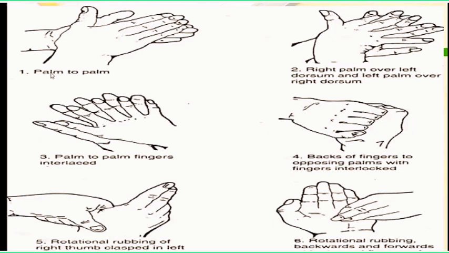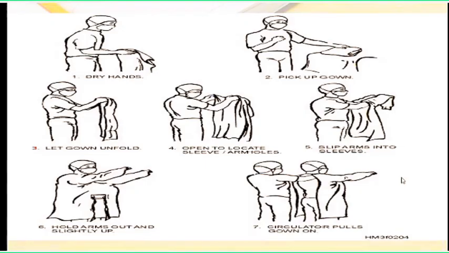Then you scrub the back of the fingers while opposing the fingers interlocked. Then you do a rotational scrubbing of each of the fingers, and then you scrub the inside of each of the palms.